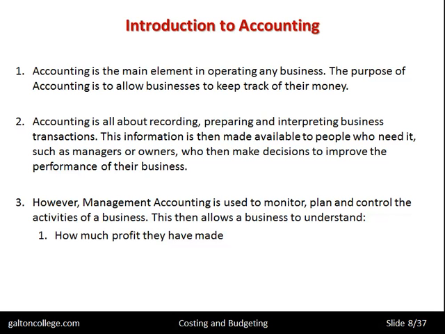Those profits then become available to decision makers, and they may choose to invest in more capital for the business, or to pay out more dividends to the shareholders, to the owners of the business. But it's important that the profits are accurately recorded.